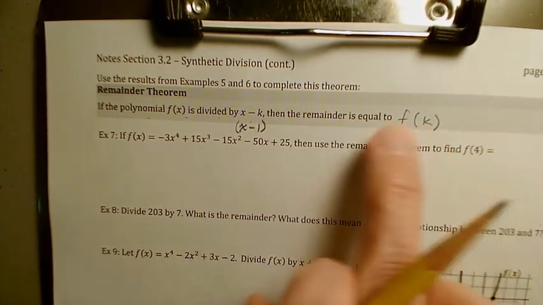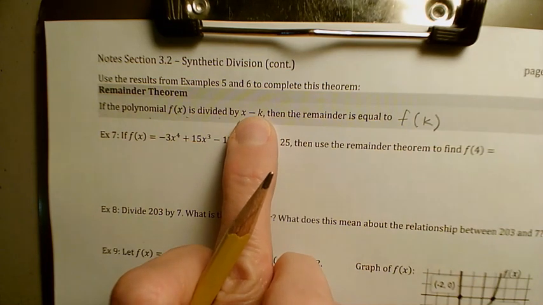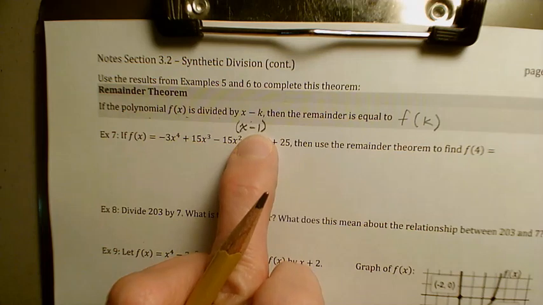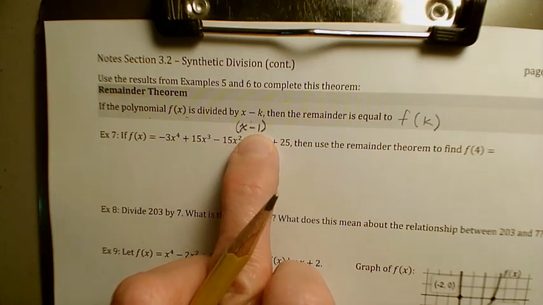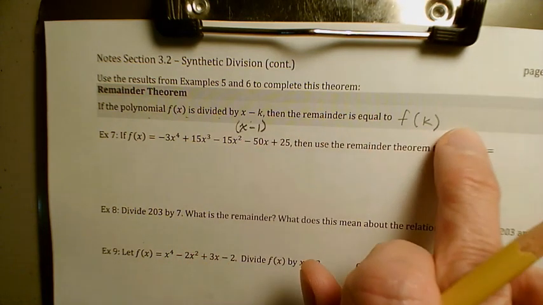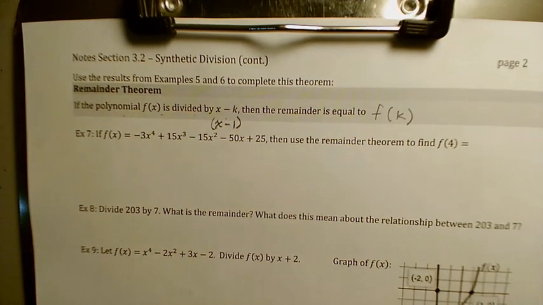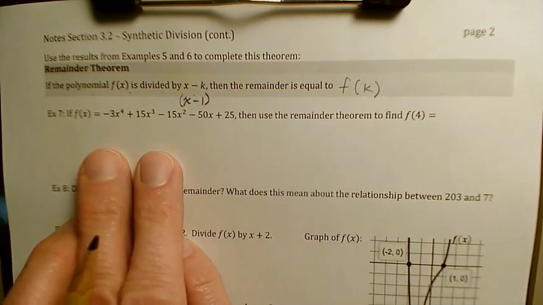So the k that we're using is the opposite of this, right? You get rid of that negative. So in that last problem, we divided by 1. Well, in the box was 1, right? And then f of 1 gave us the same value as the remainder when we divided. Okay, so let's look at an example of this.